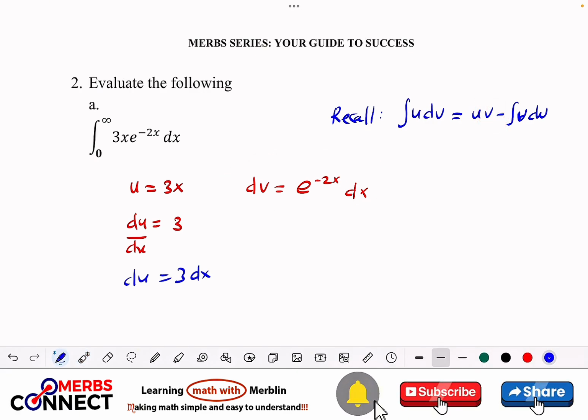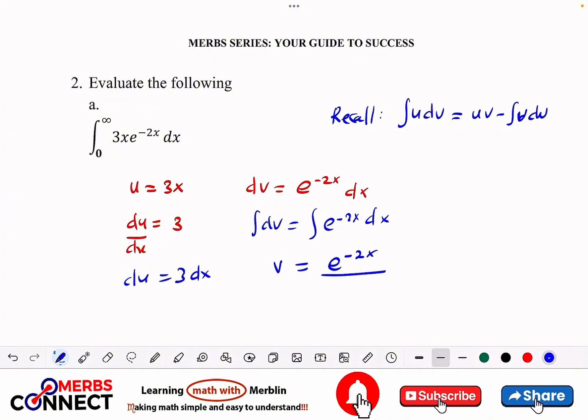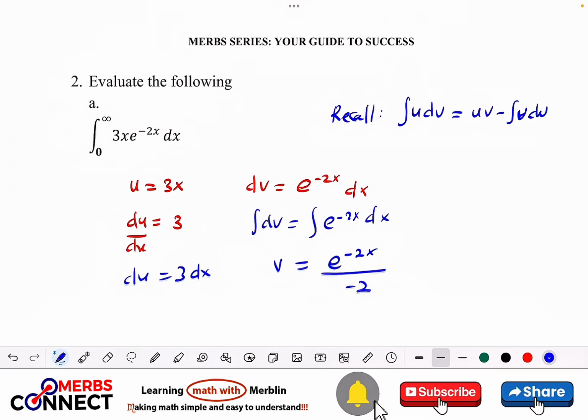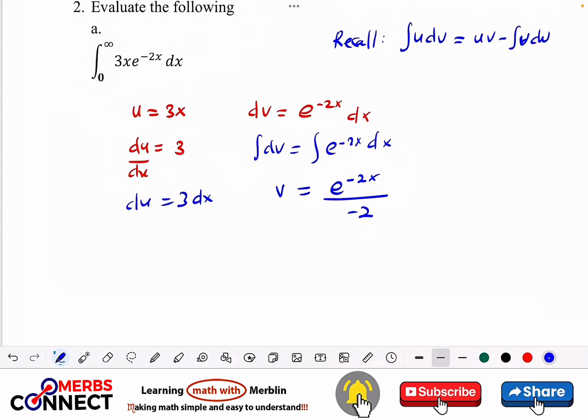So let's do that. Integrate both sides. So v will be equal to, we said for us to integrate an exponential function, maintain the function and divide it by the derivative of what is on the top, which is minus 2x, and this is going to give us minus 2. So everything is here.